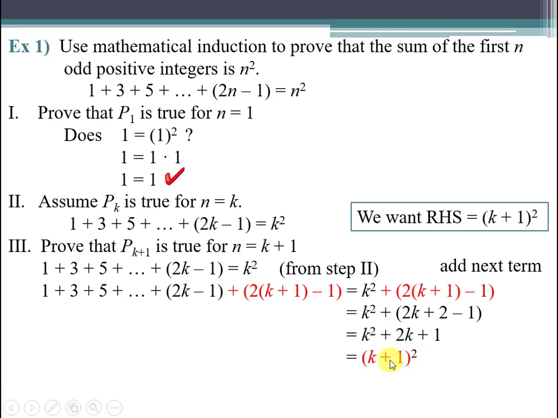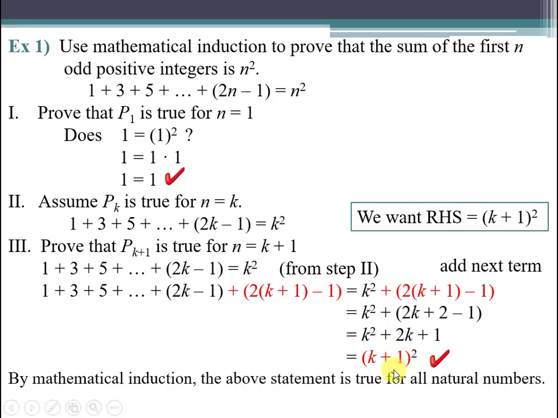It gives us (k+1) squared. So we proved that the right hand side is equal to (k+1) squared. Again, we added the next term to both sides of our equality, and we have on the right hand side (k+1) squared. So the conclusion: by mathematical induction, the above statement is true for all natural numbers.